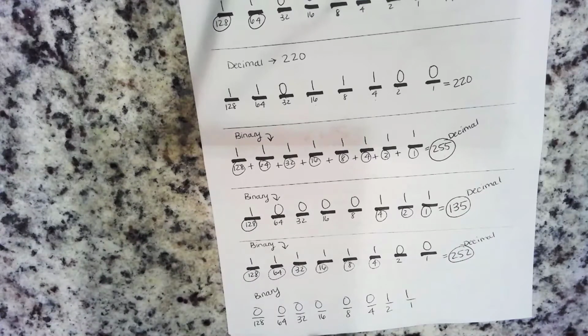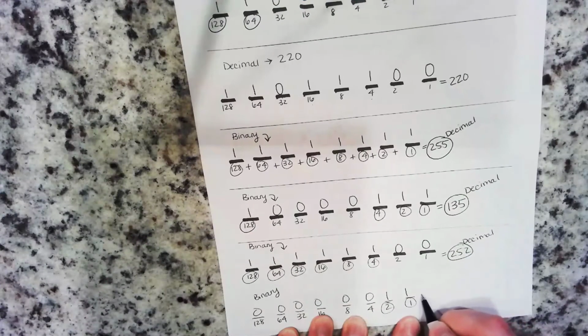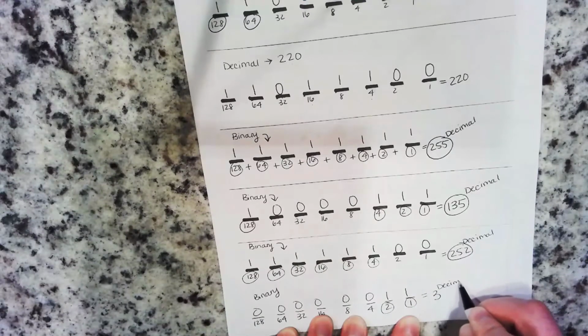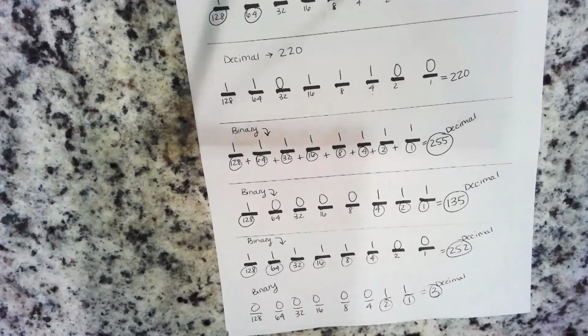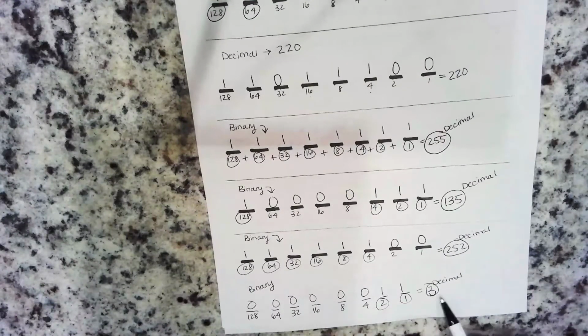With that one, we're just adding 2 and 1 together, so that equals 3. So 3 would be my decimal representation for 0, 0, 0, 0, 0, 0, 1, 1. If I have all zeros, it'd be a 0. So you see how we can make any number between 0 and 255 between decimal and binary.